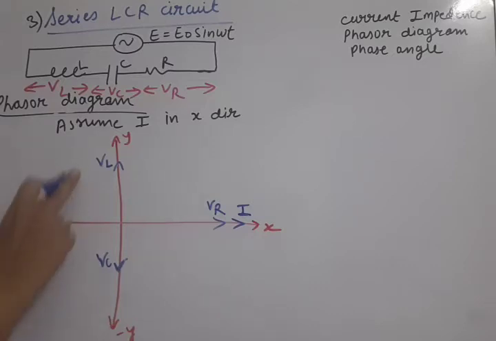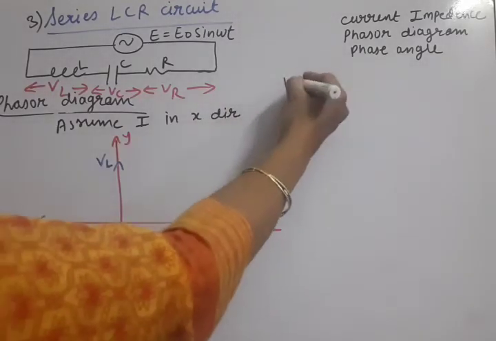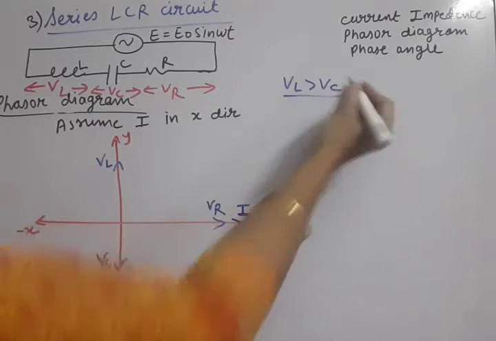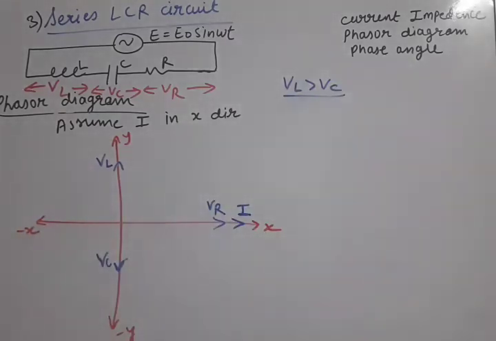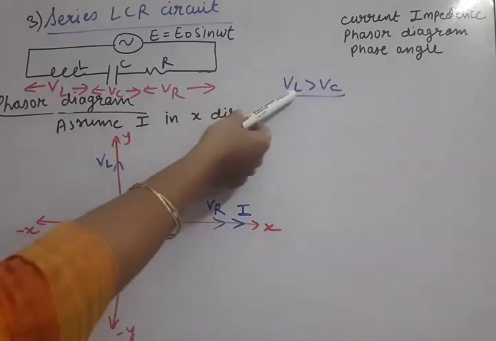You can see VL and VC are in opposite directions. Let us assume that VL is greater than VC. Then what will be the resultant of VL and VC? Since they are in opposite directions, their resultant is the subtraction of the two, because two vectors in opposite directions have a resultant equal to their subtraction.